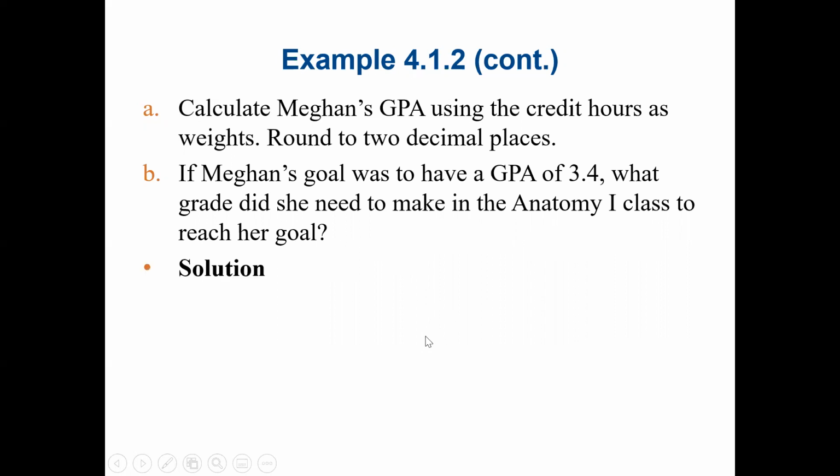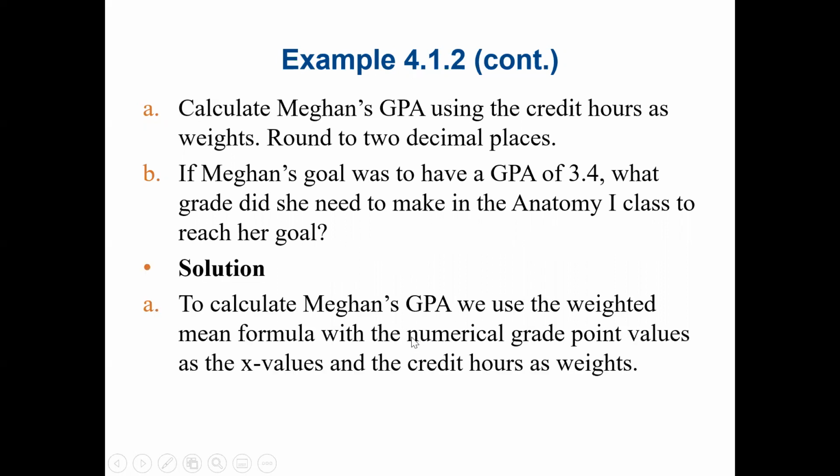So first, let's solve the first question. Based on the question, we should use the credit hours as weights. So to calculate Megan's GPA, we use the weighted mean formula with the numerical grade point values as X values, and the credit hours as weights.